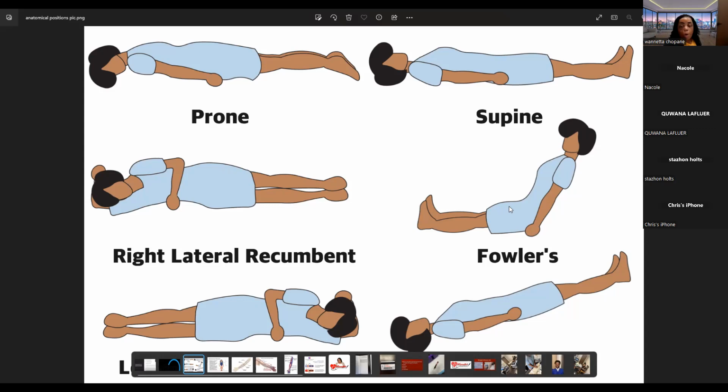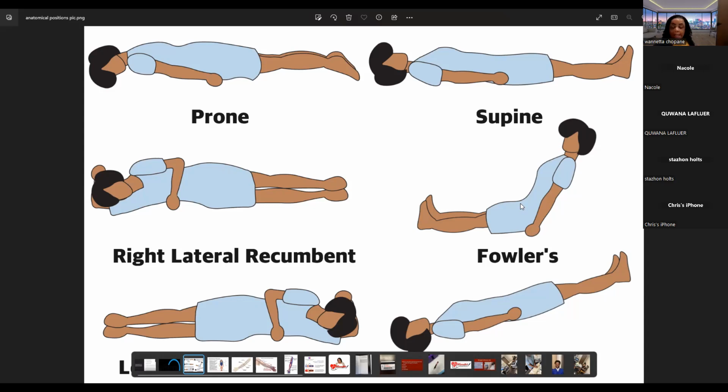Next, right here, you see the lady is sitting in a reclining position, so to speak. You do need to remember that if you ever hear the word Fowler's, Fowler's position, that just means a reclining position.